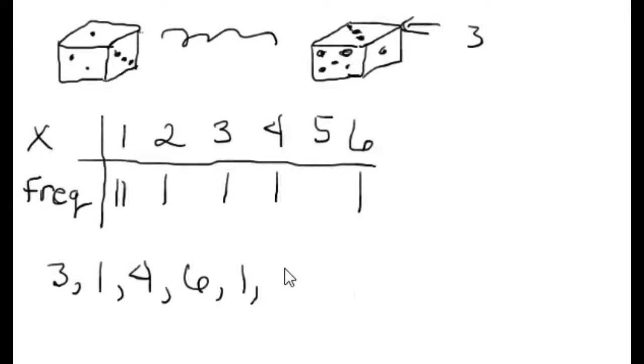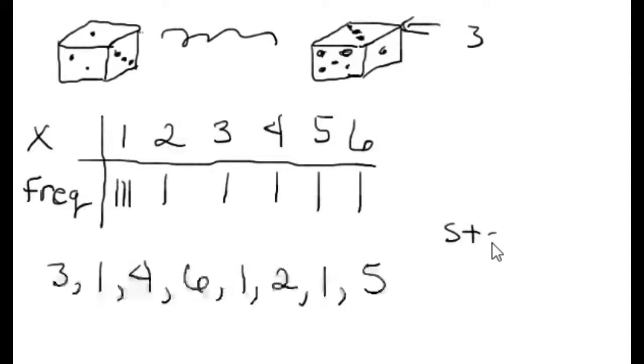Roll again, and a 2 popped up. We rolled again, and another 1 popped up. Keep rolling. What do we get? A 5 popped up.